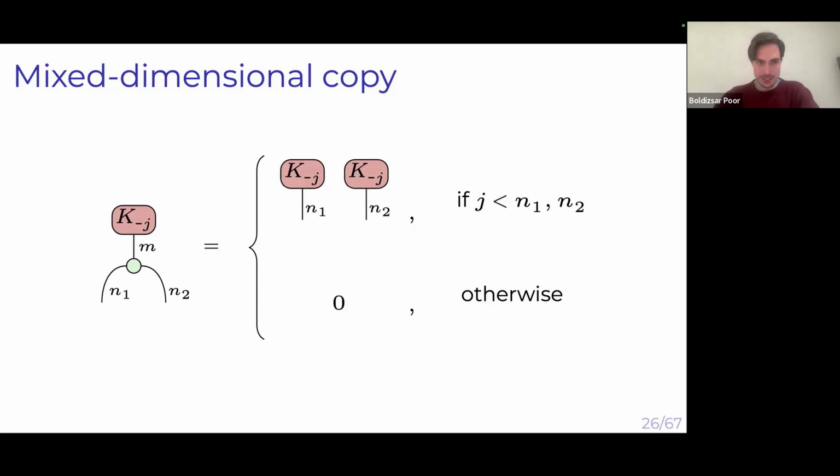So this was just reiterating what this mixed dimensional Z spider does. If you input kj, it's going to copy that kj into the two dimensions. But this is only true if this j is smaller than the two dimensions on the bottom. If j is bigger, then we can't copy it, so you get the zero scalar.